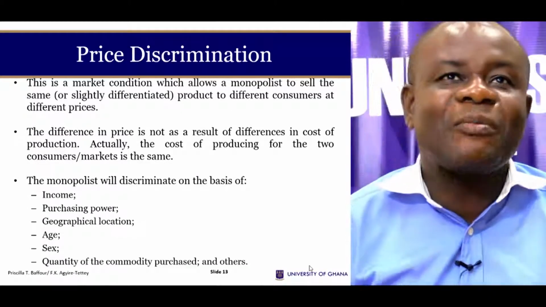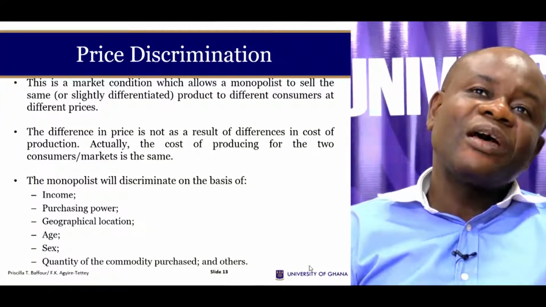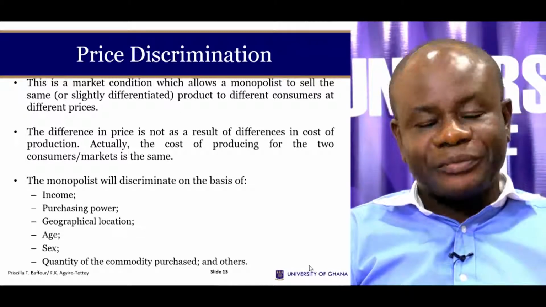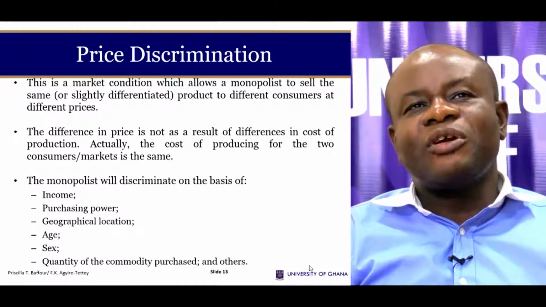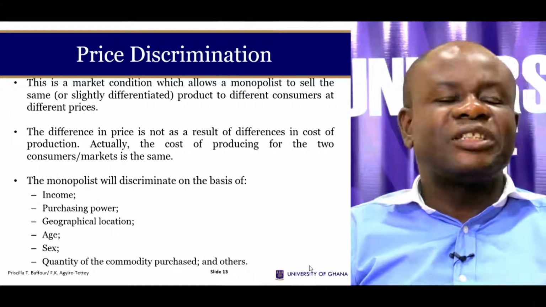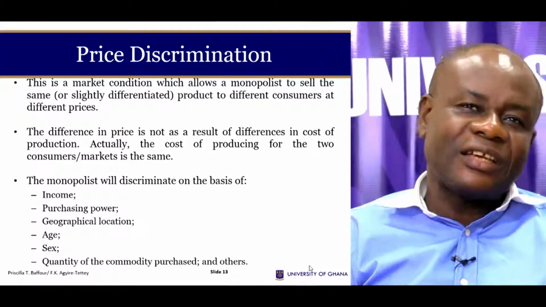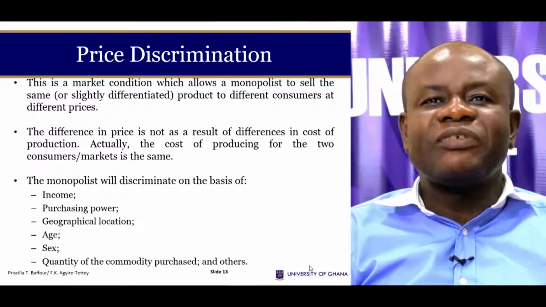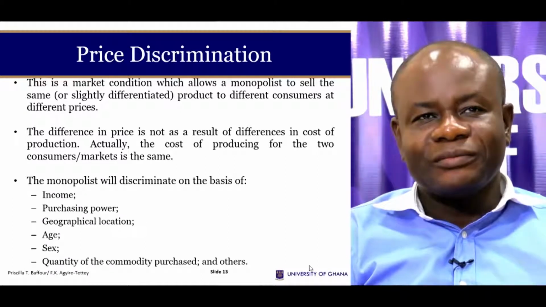Then the second type of monopoly that we are going to look at is the price discriminating monopolist. This monopolist sells the same commodity or slightly differentiated products to different consumers at different prices. And as I already said, the difference in price is not as a result of differences in the cost of producing the commodity.